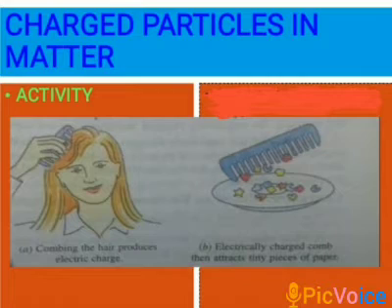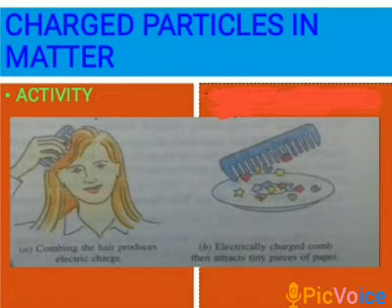Now the question arises, where does this electric charge come from? Obviously, the answer is from within the atoms present in the comb and the glass rod. So students, these simple experiments tell us that some charged particles are present in the atoms of matter.